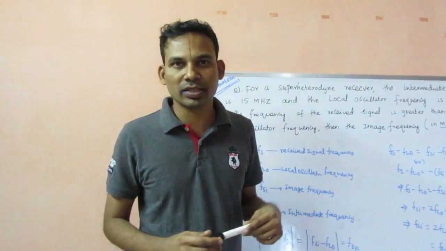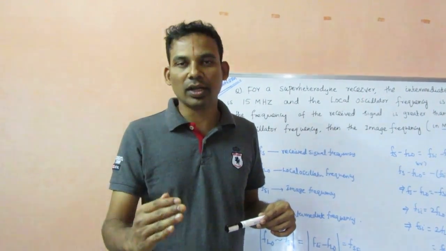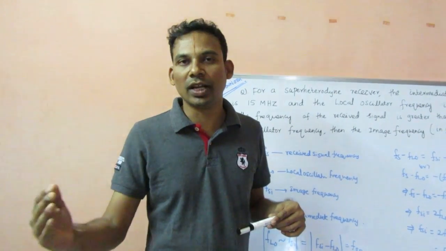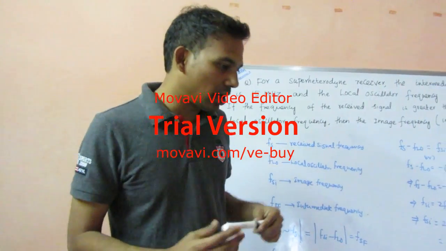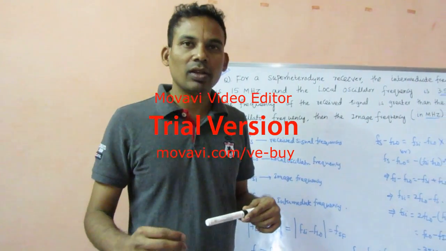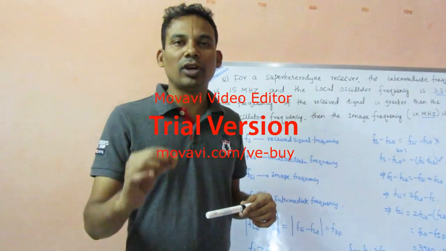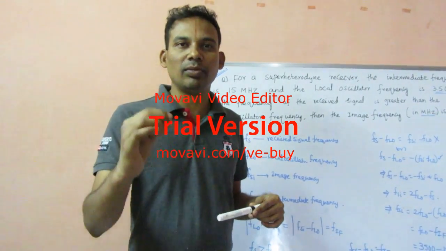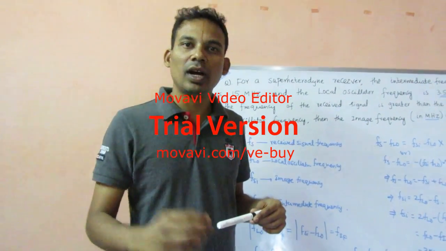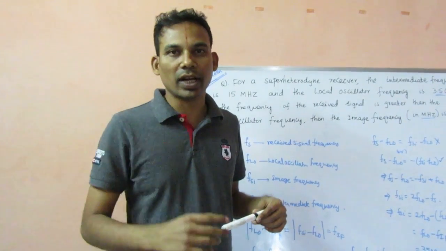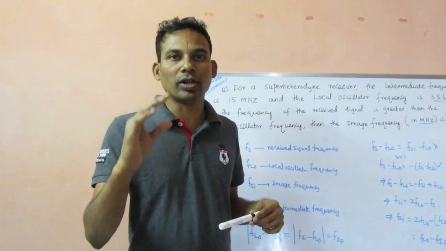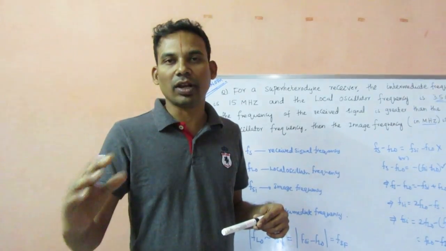It's not a big task, but it requires some mathematical background of probability and random process. And apart from that, you have to practice unsolved questions of some standard books. It might be communication systems by Proakis or Simon Haykin or B.P. Lathi. Whichever book you followed in your graduation, you have to solve all the unsolved questions that were given in the exercises.